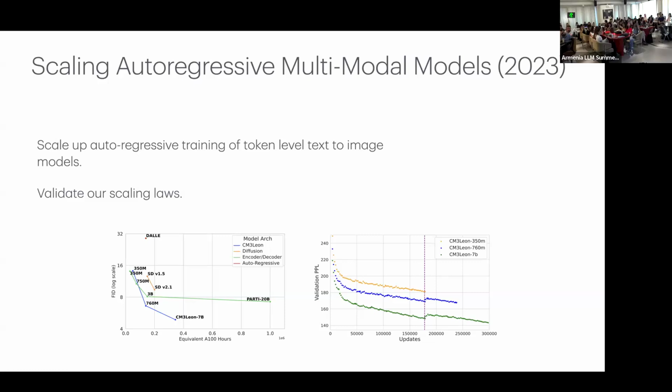The other thing we realized very quickly was that the scaling laws surprisingly held. If you look at the figure on the right, the larger the model that we trained, the better the loss was, highly predictably. So we started thinking that this might actually be a scalable way that we can train multimodal models jointly together.